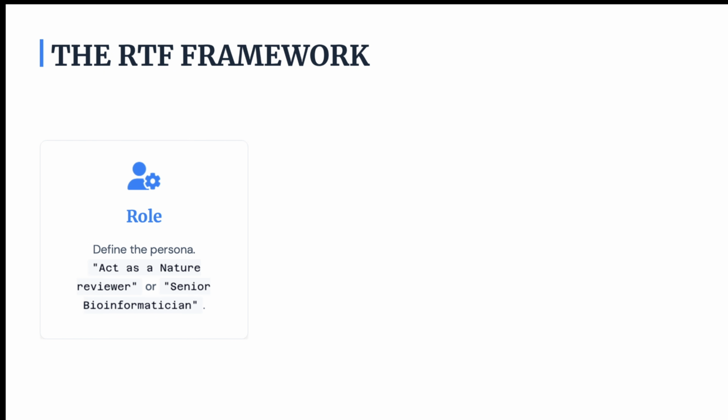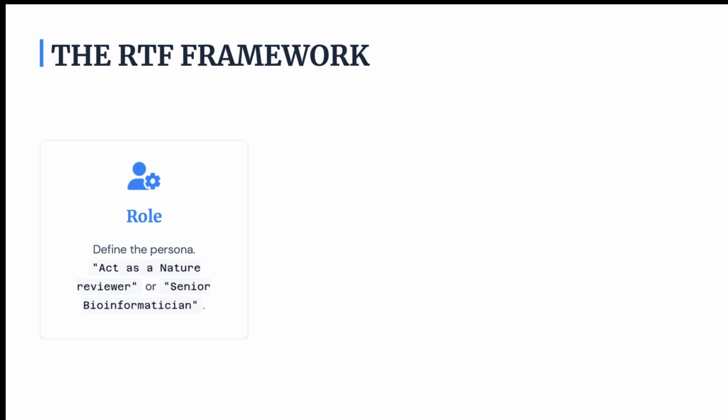The first thing, R, refers to role. You need to define a persona. We have seen over the years that AI works efficiently if you provide information on what role this AI is performing for you. For example, you can create a persona: a researcher, a senior editor, a reviewer, or a thesis examiner.